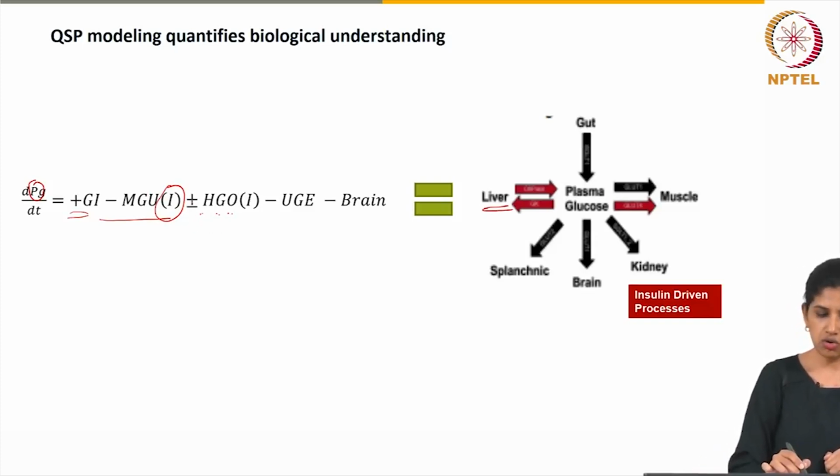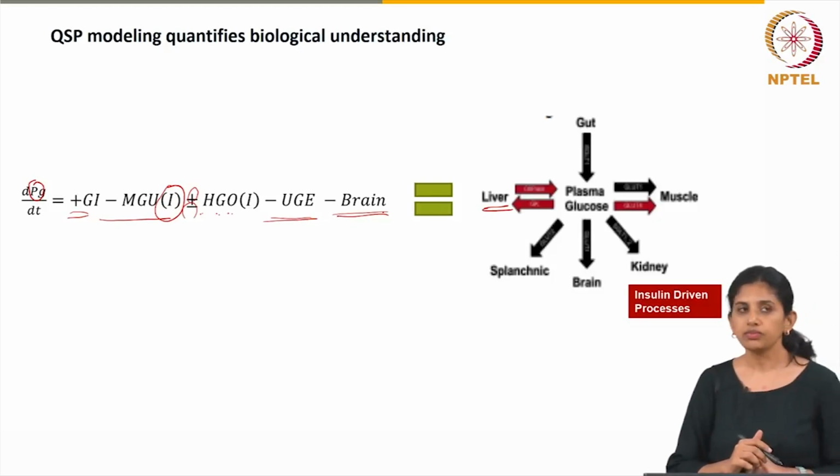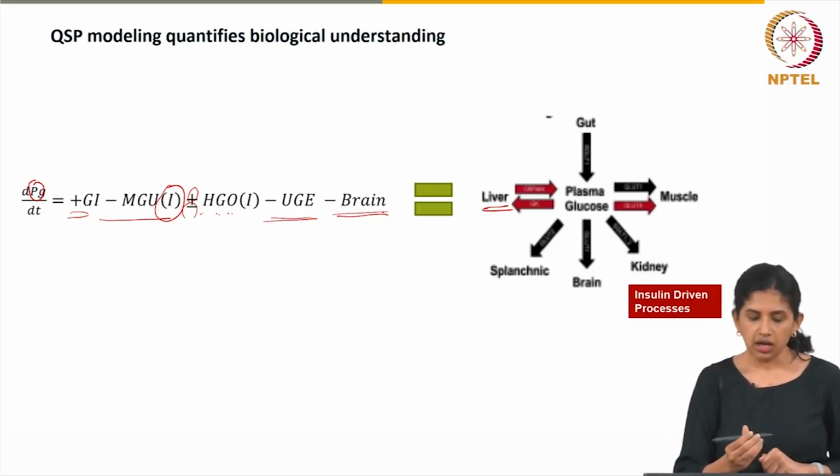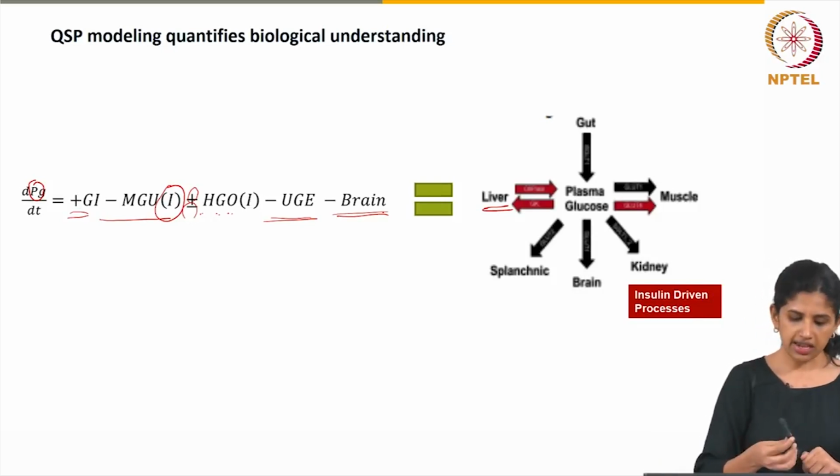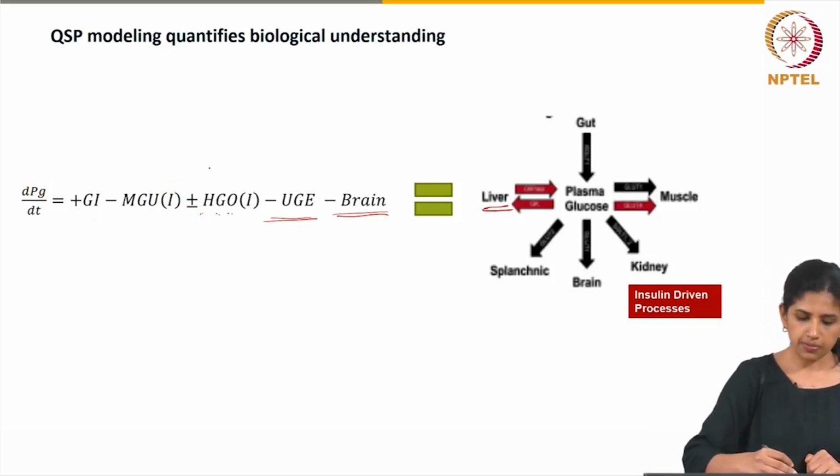So what does the liver do? It can either take up glucose or give out glucose. You may lose some glucose in the urine. Your brain and other tissues may take some of this glucose. So there you have it: just the day-to-day mechanism of glucose and insulin you can start capturing in a simple equation.